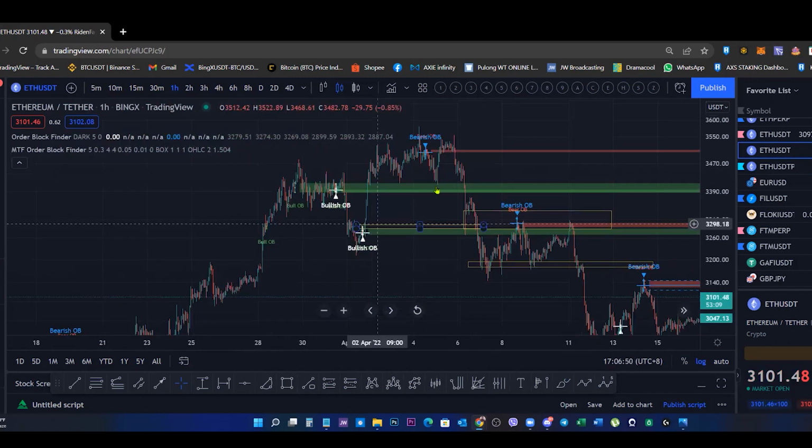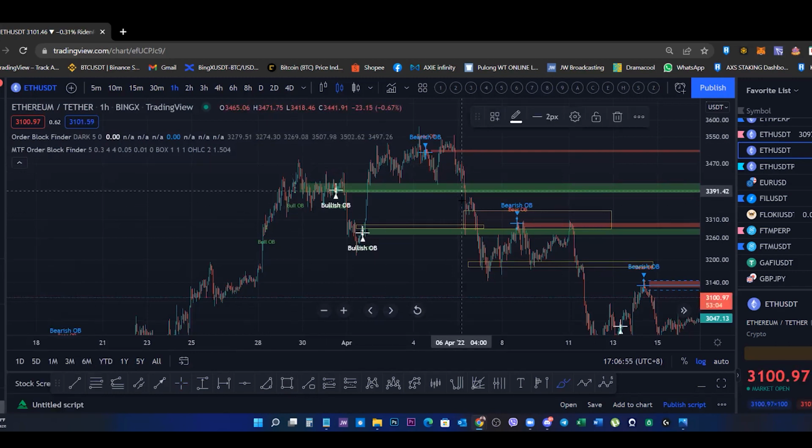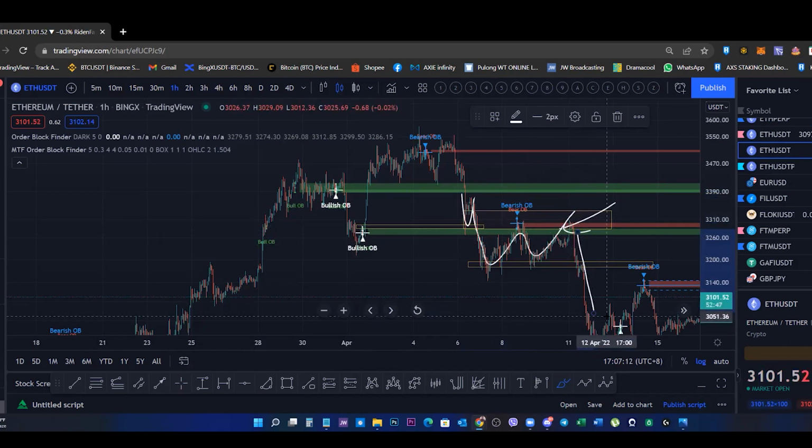Okay, so you can see here there is an order block created by this indicator. Okay, there is a bearish order block, and what happened is there is a retest. Okay, retest on this scenario, and then the price goes down.